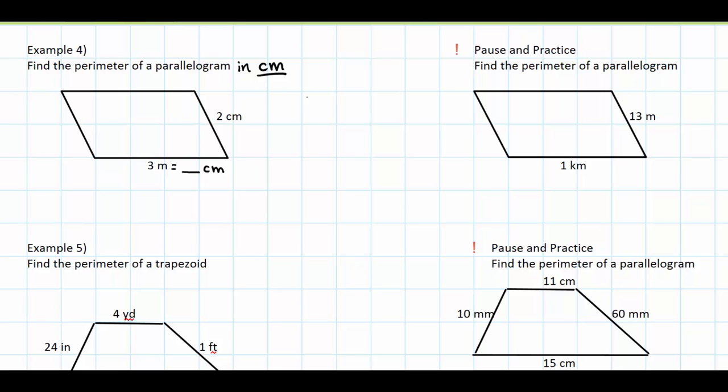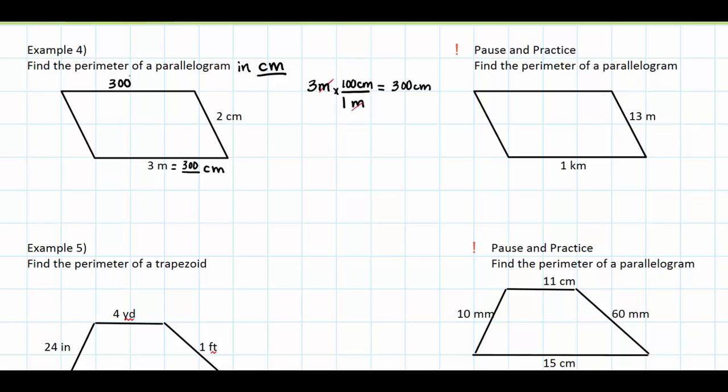So we have 3 meters multiplied by the ratio of meters to centimeters. 1 meter is 100 centimeters. So the meters divide away, and we are left with 300 centimeters.